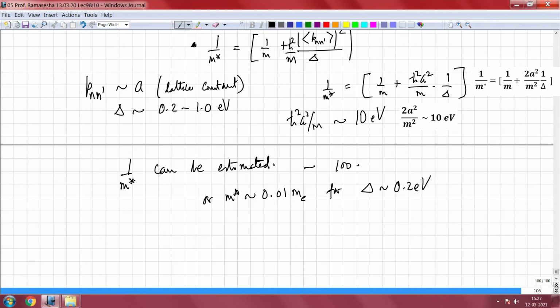So this is one of the simple ways of obtaining the effective mass of a semiconductor once its energy band structure is solved for.